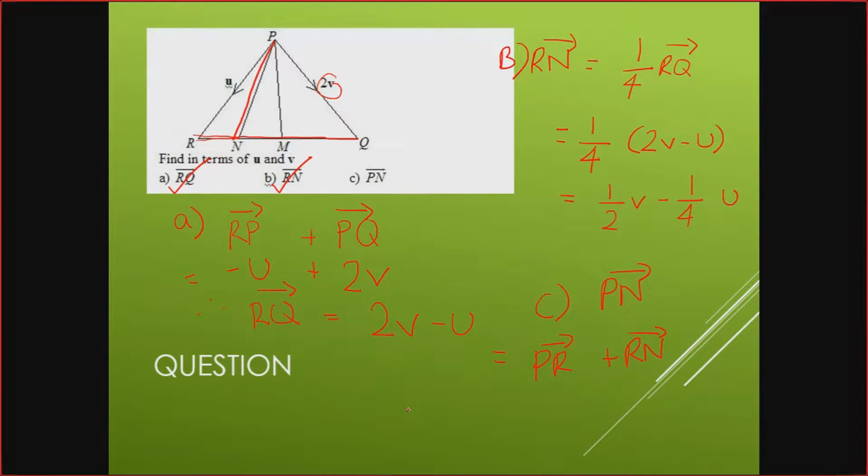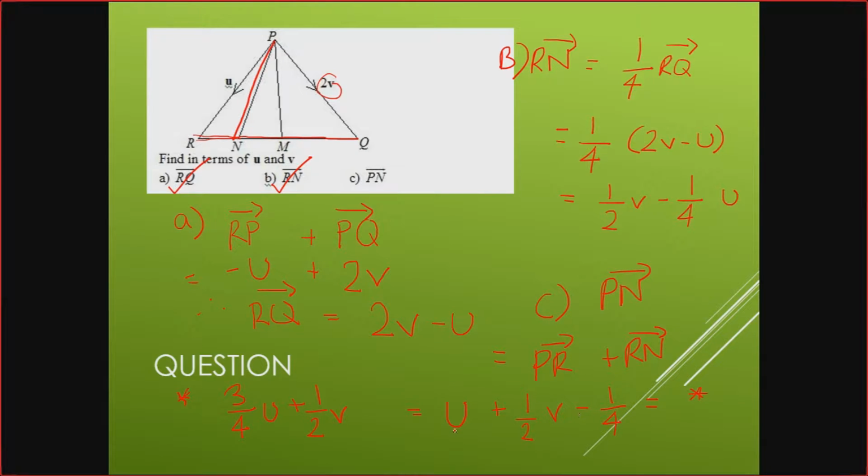which equals U plus half of V minus a quarter of U, which equals, so if I just star that and carry on here, 3/4 of U and then plus half of V. Yes, that's correct.